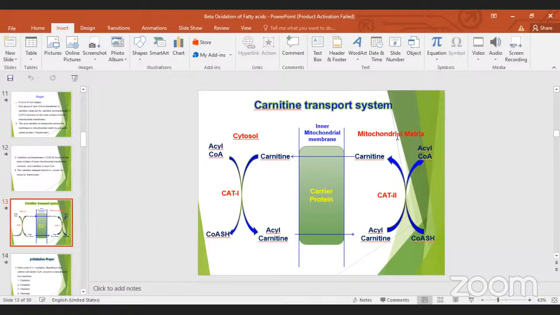Malonyl CoA is the donor of a two carbon fragment to the increasing length of the fatty acid at every step.